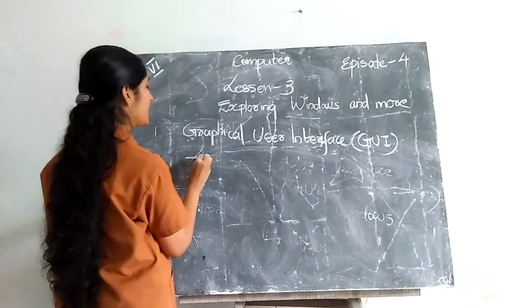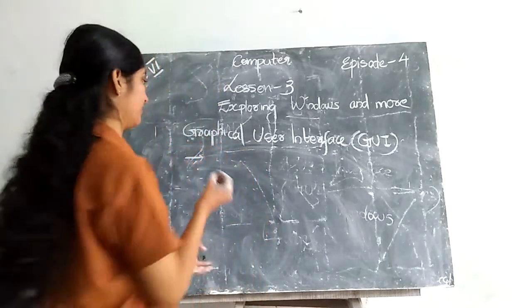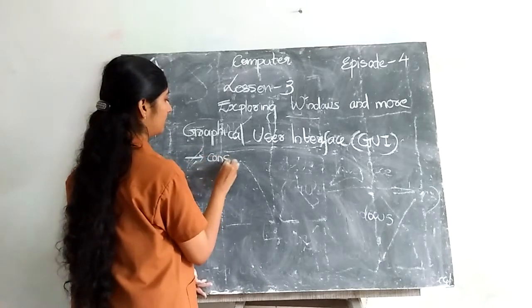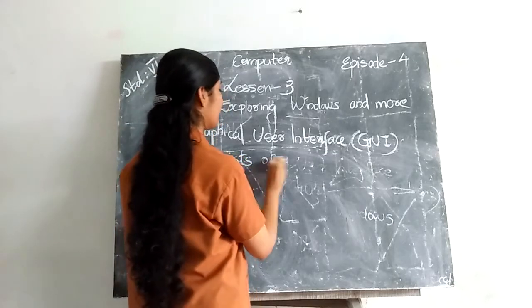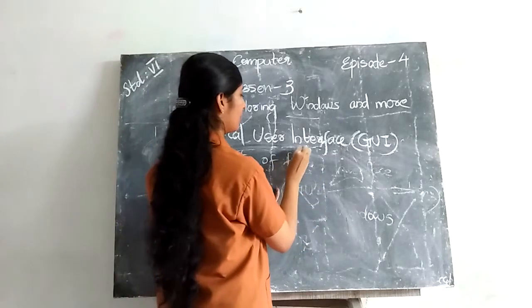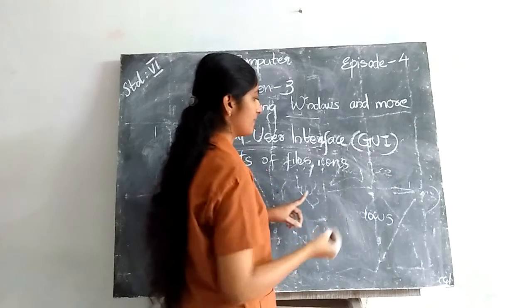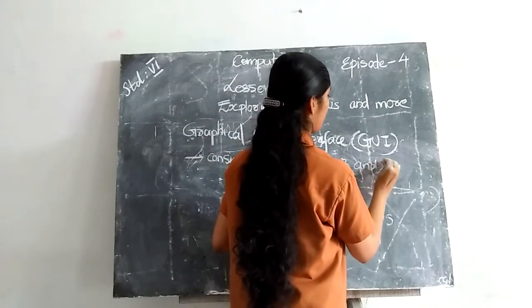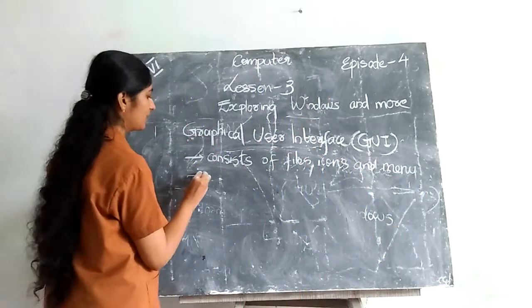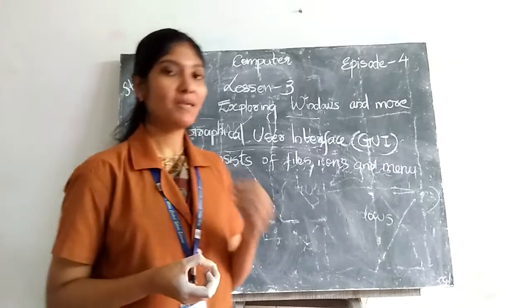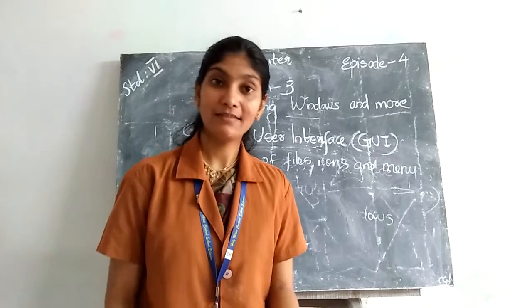First, GUI consists of files, icons and menus. Second point, the user can simply click to make them work.